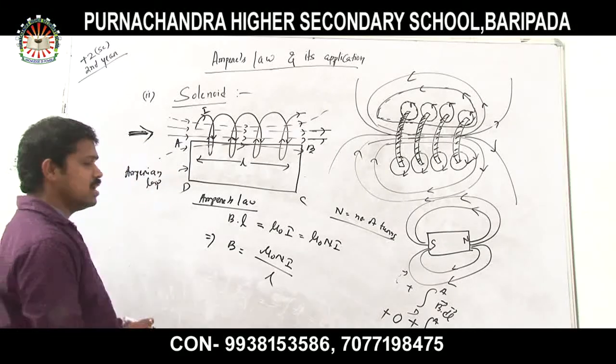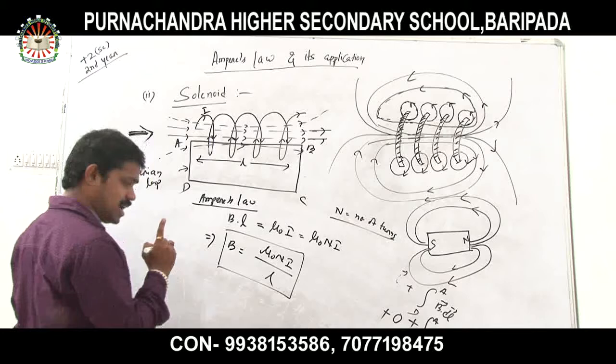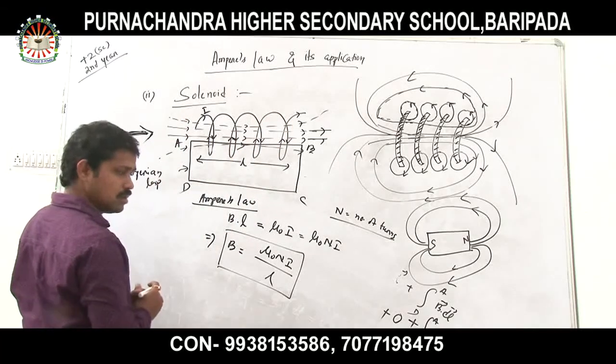Mu 0 nI divided by L. So this is the expression of magnetic field due to a long solenoid. Understood?